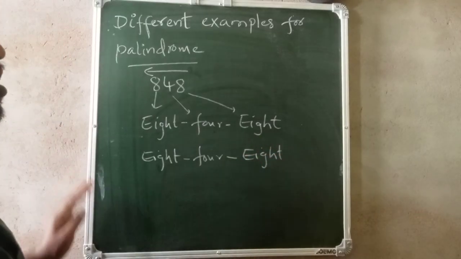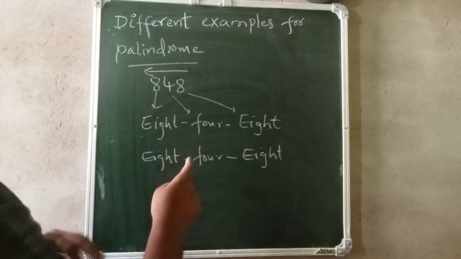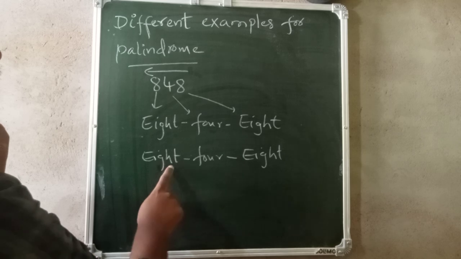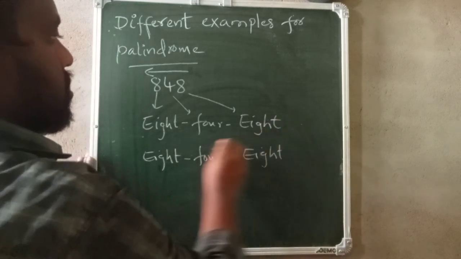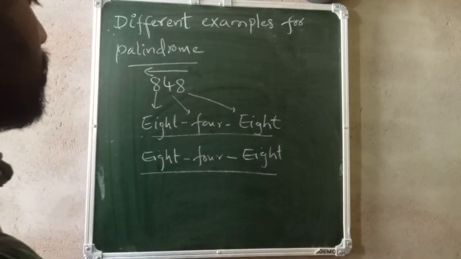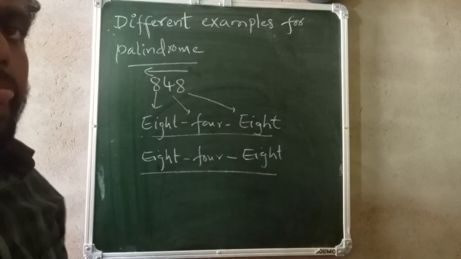If you read from left to right, 8 4 8. If you read from right to left, you will read like this only, 8 4 8. See, this and this are the same. So this is 8 4 8, and this is also 8 4 8.